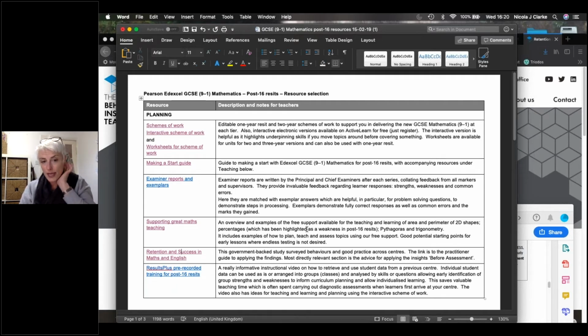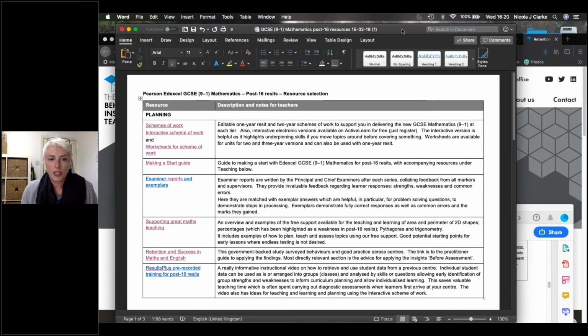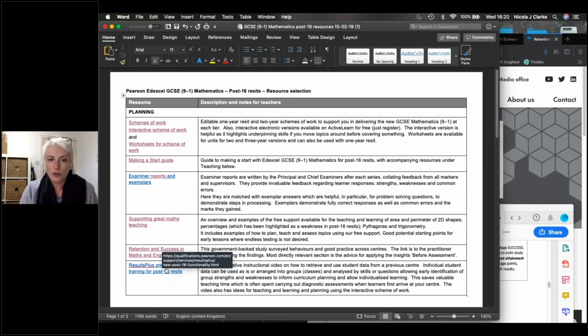So Results Plus now, certainly for Pearson, with permission from the learners, you are able to import their scores from the summer exams previously. You can group that into your classes, and you'll have a detailed skills map for the groups that you're actually teaching. The link on this particular document is to the training video to be able to access those results.